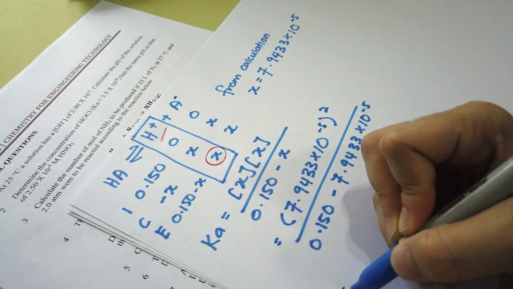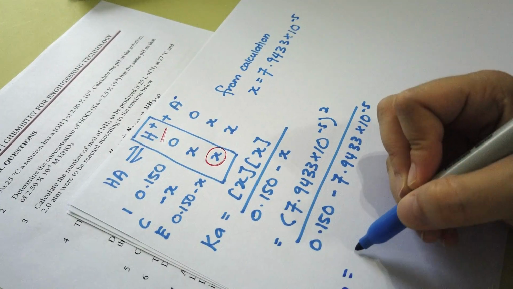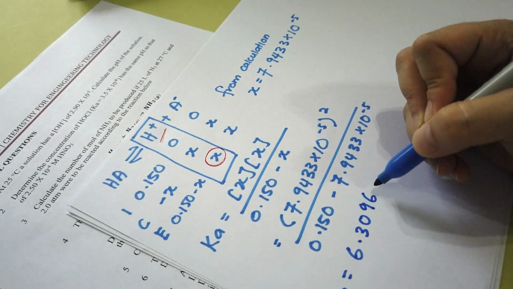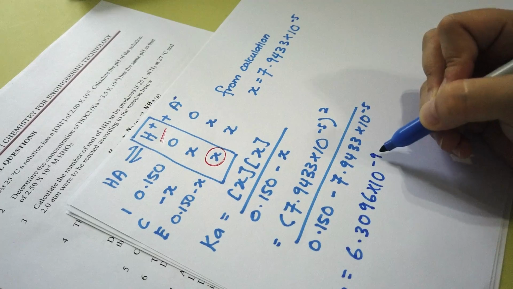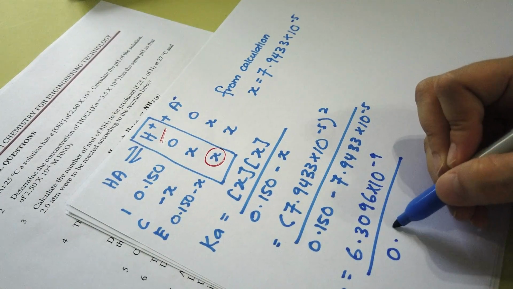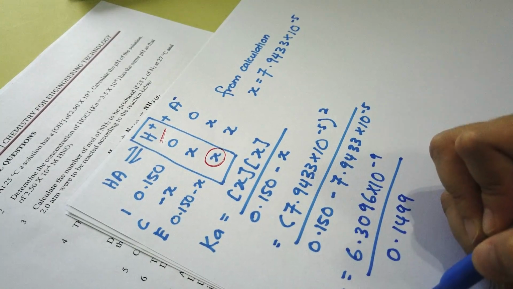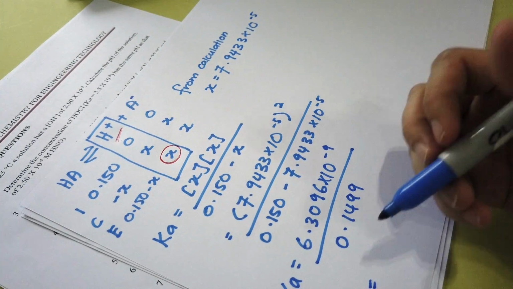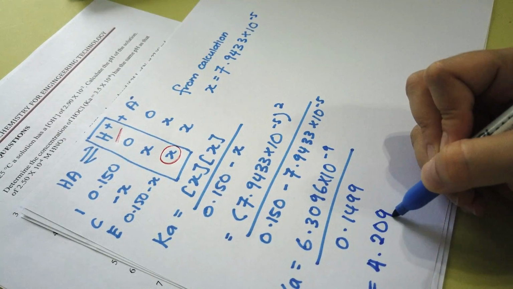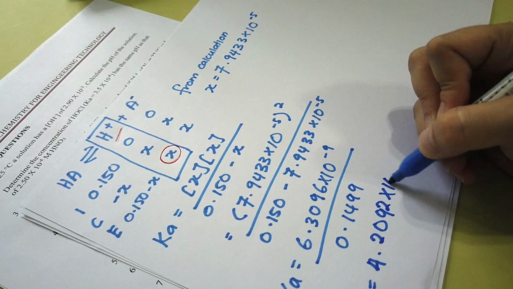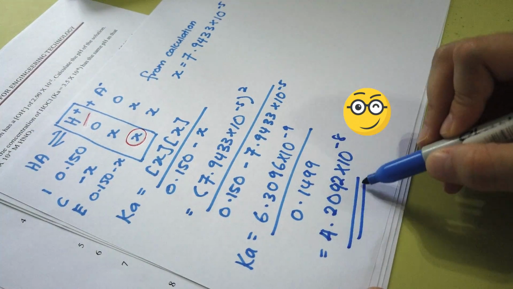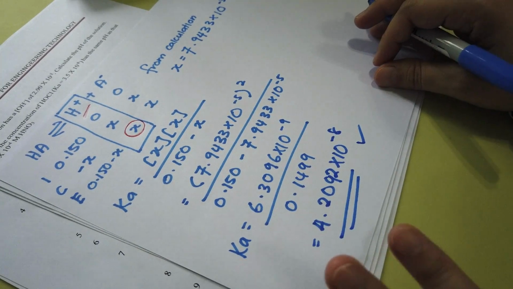So when you do the calculation, you will get 6.3096 times 10 to the power of negative 9 divided by 0.1499. Supposedly, if I calculate it correctly, you should get 4.2092 times 10 to the power of negative 8. So this is your final answer.